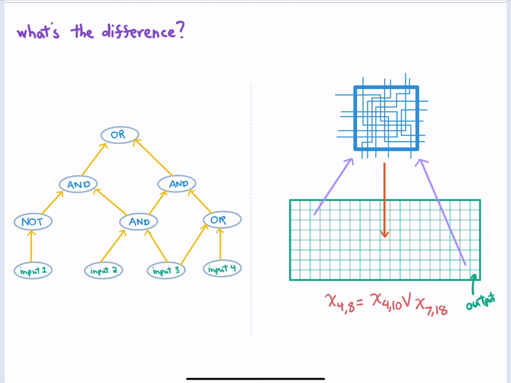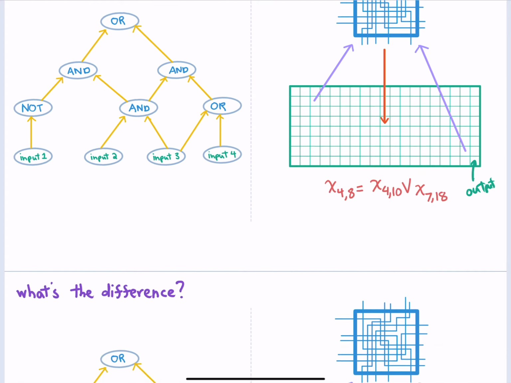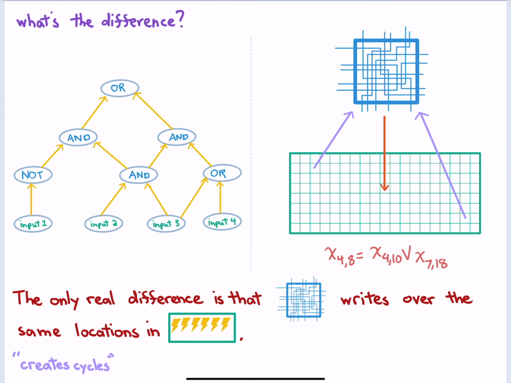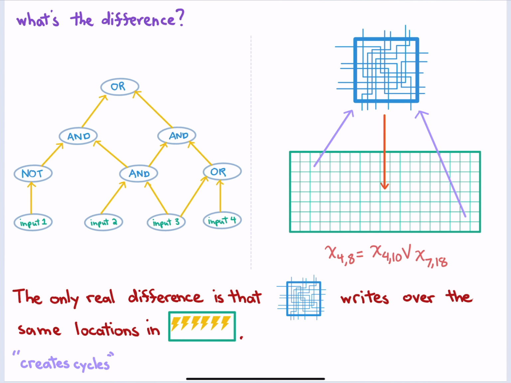Okay, so at least for the sake of this discussion, I'm going to say that's really the main difference between the two models: when you rewrite to memory, you get cyclic dependencies on the locations where you're writing the data. Our circuits are always acyclic graphs, right?